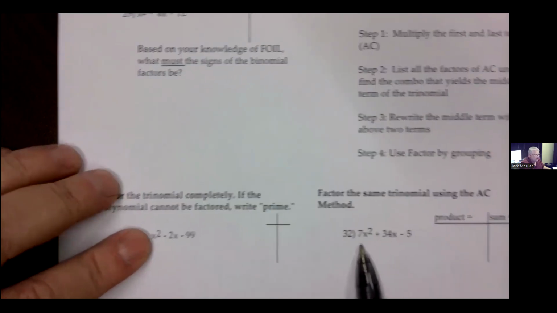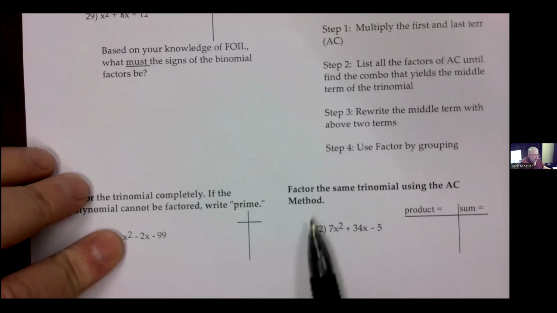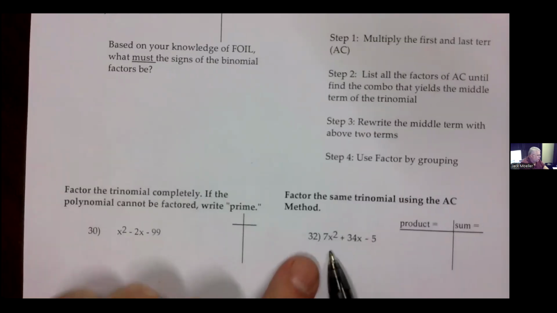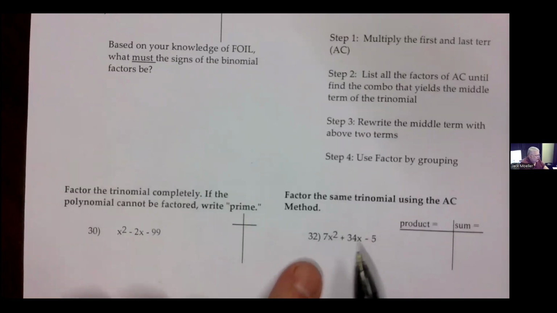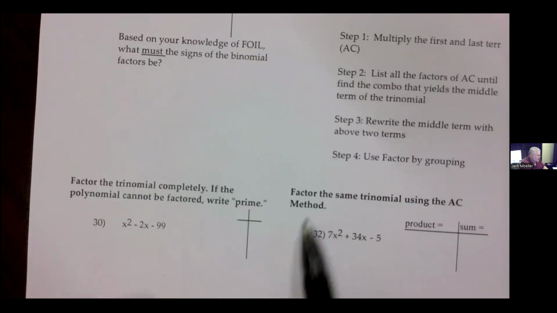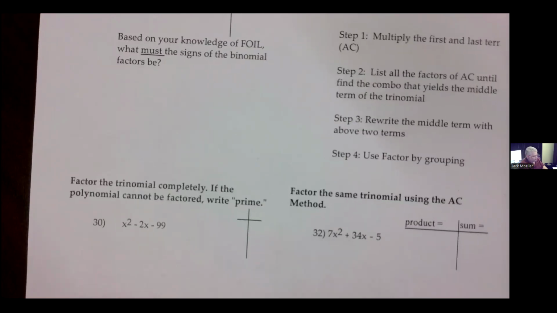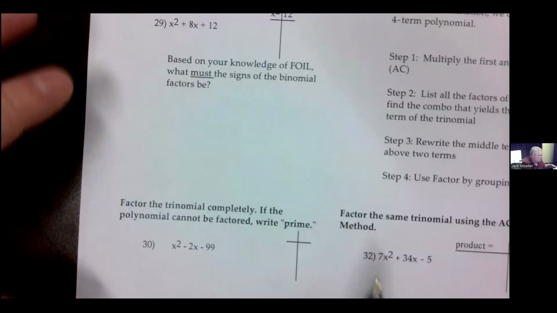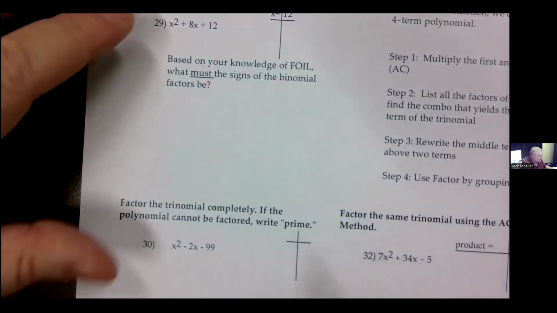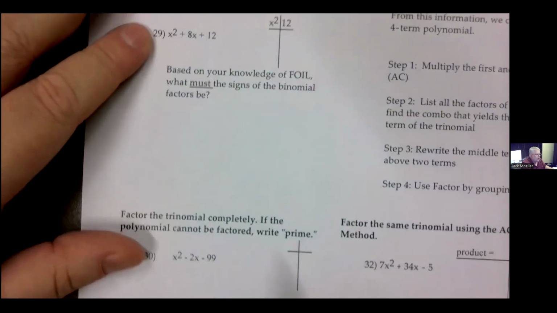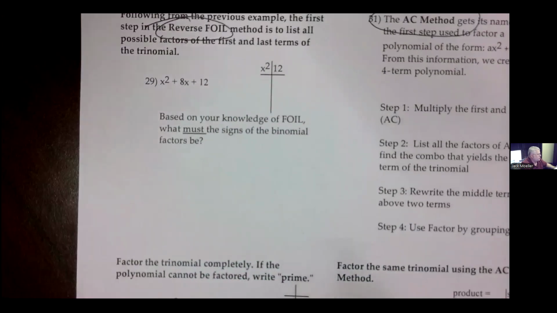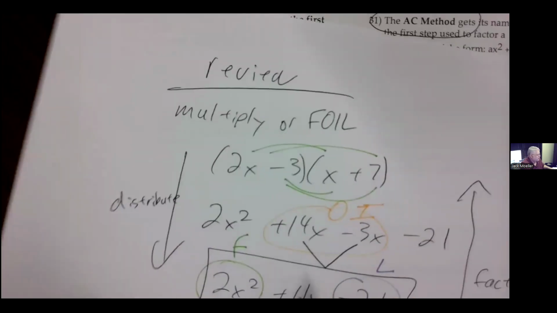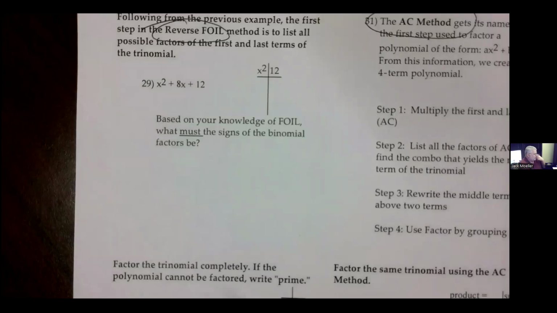If there is a number in front of the x squared, then we can no longer say, what multiplies to give me 5 is going to add or subtract to give me 34, because that 7 has to be taken into account. And so for reverse FOIL, the fact that these are more basic helps us use our FOIL knowledge a little bit easier.